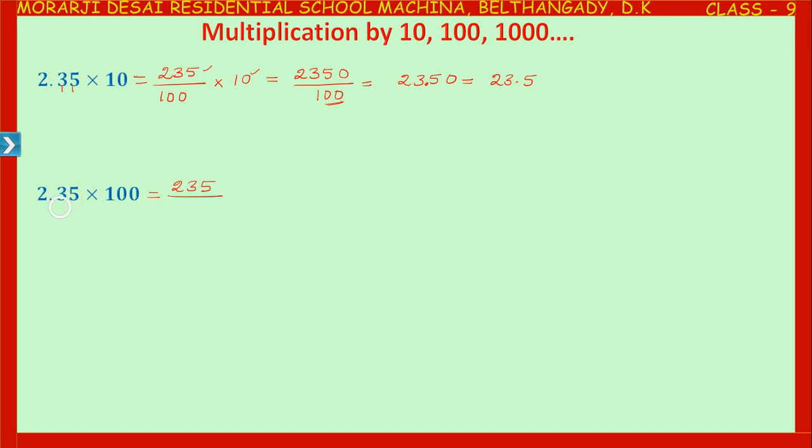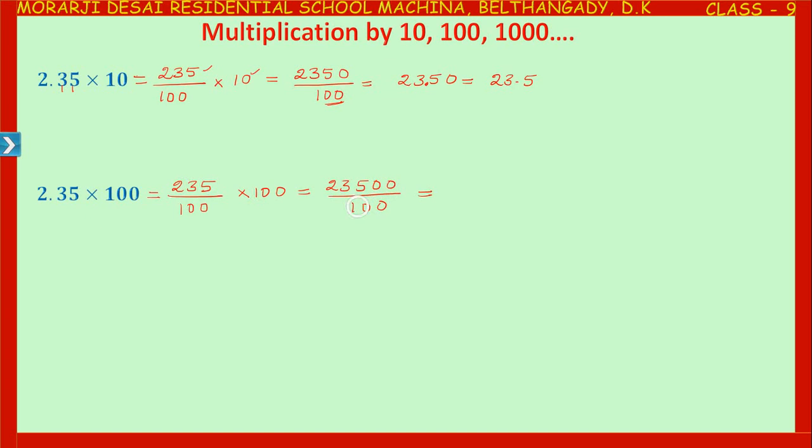We have 10th place and 100th place. So we have 100th place at the right end, that is denominator is 100 into 100. Now 235 into 100 is 23500. That is 23,500 divided by 100.